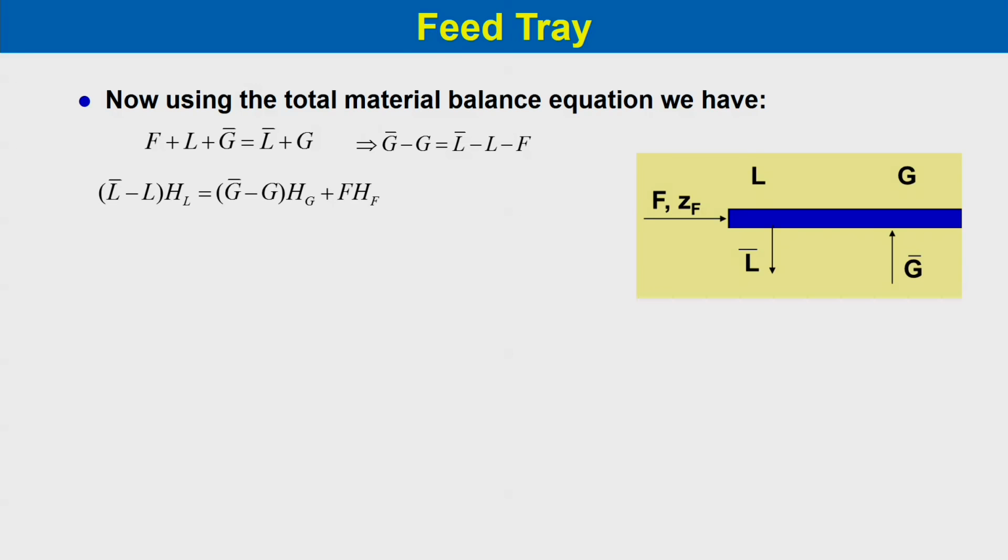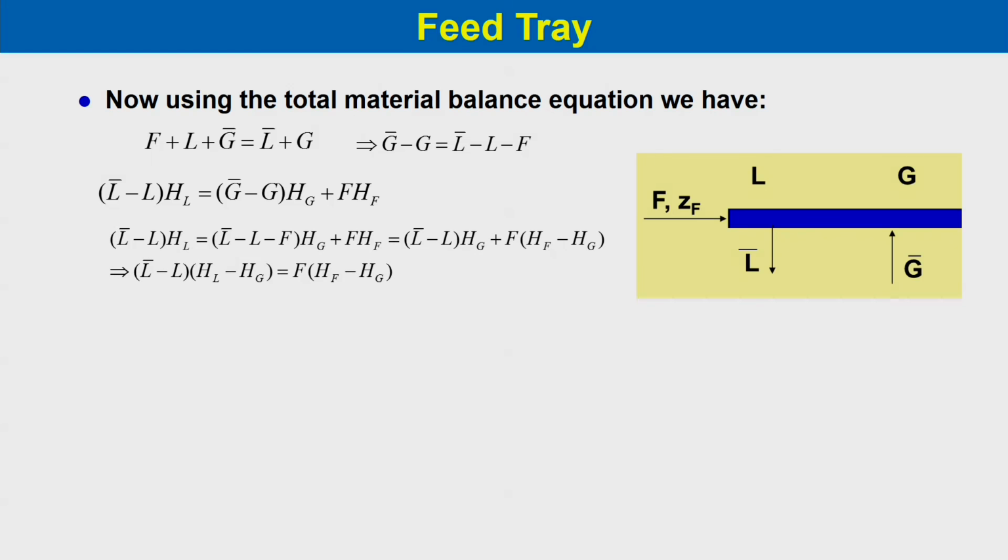Now if we consider the earlier enthalpy balance equation, or the energy balance equation, which is L bar minus L into HL is equal to G bar minus G into Hg plus F Hf.